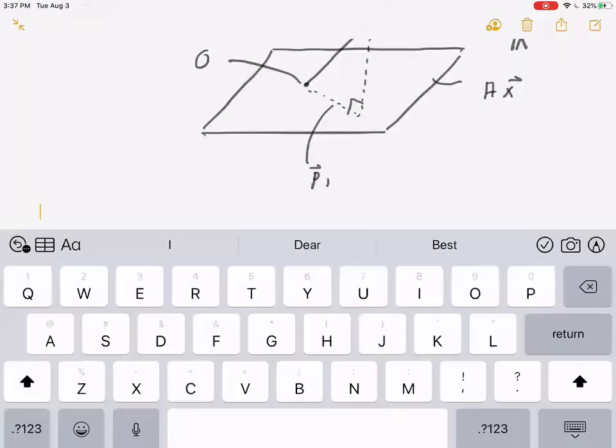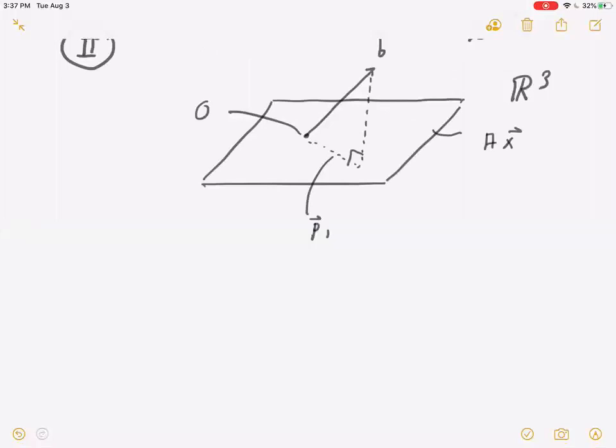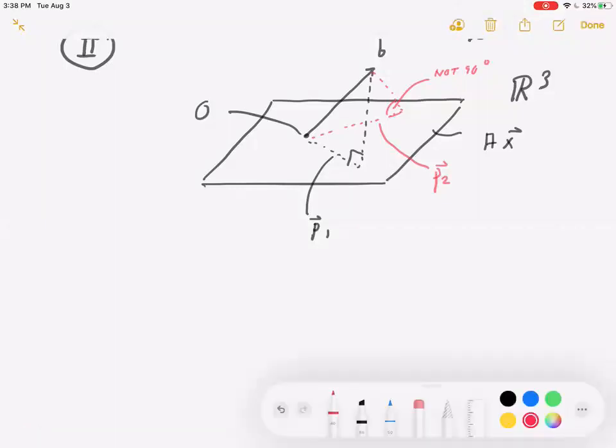Problem is, that's not the only projection I could get. That projection is not unique. Namely, you look at this red dotted line, you can imagine constructing a system where this angle is not 90 degrees, and this projection in the dotted red line on the plane is different, P sub 2. Why stop there?